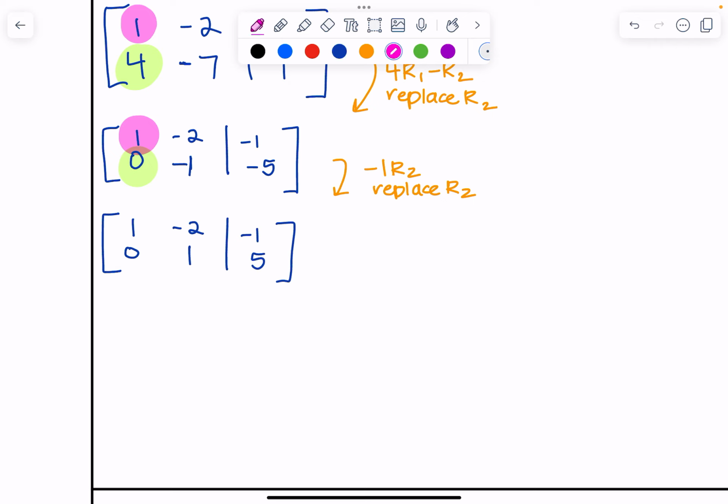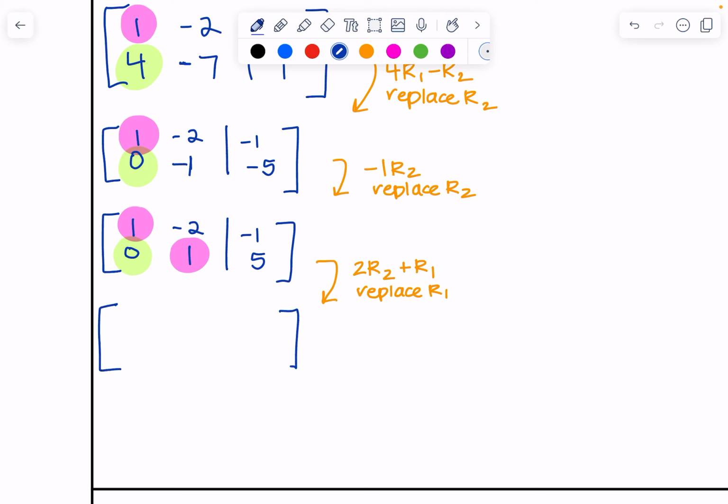So now we have the two 1s where we want them, and we have a 0 where we want it. Now we need this -2 to be a 0 as well. So the next thing I'm going to do is use these two numbers to try to get that top -2 to be a 0. So I'm going to do 2 times row 2 and add it to row 1 and then replace row 1.